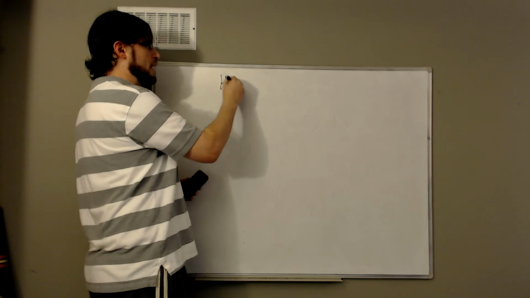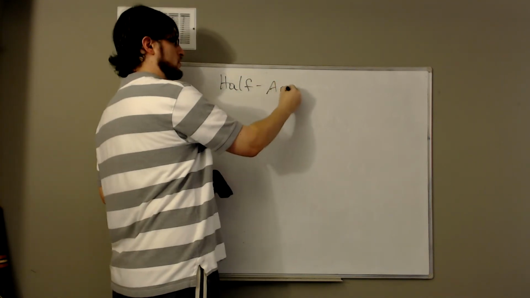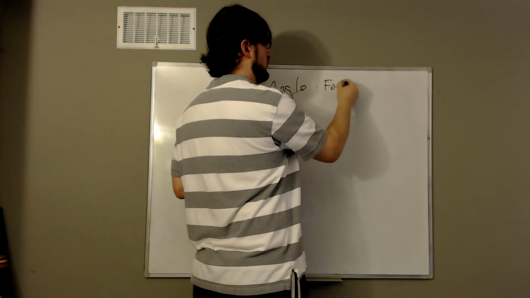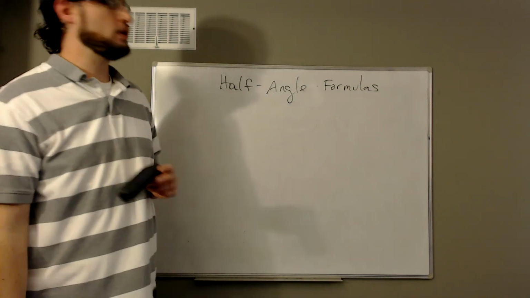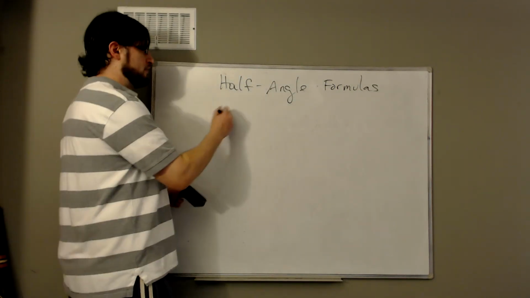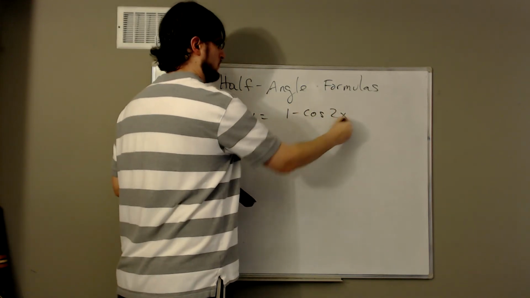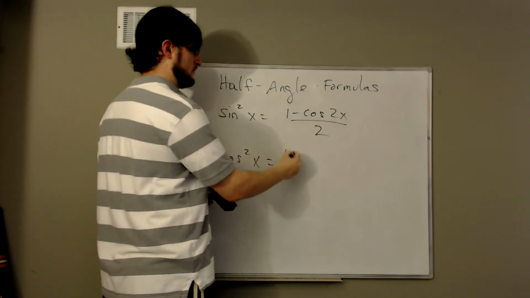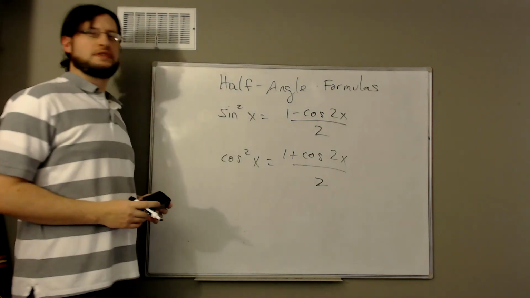For some more complicated trig integrals, we have to keep in mind these half-angle formulas, which you may have seen at some point way long ago in a trig class. I'm not going to prove them, but both of these formulas are true.